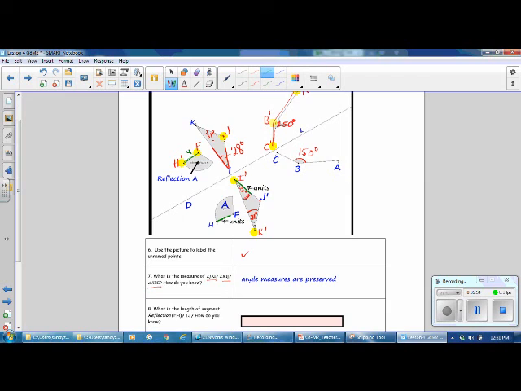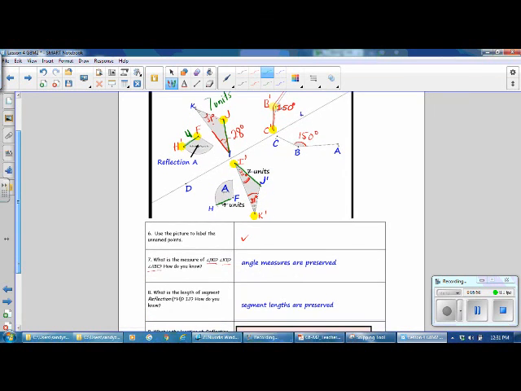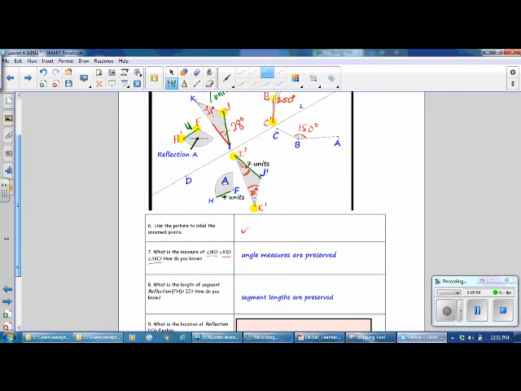This is I prime J prime, which is 7 units. So IJ will also be 7 units. Go ahead and label those. And how do you know? Because segment lengths are preserved.